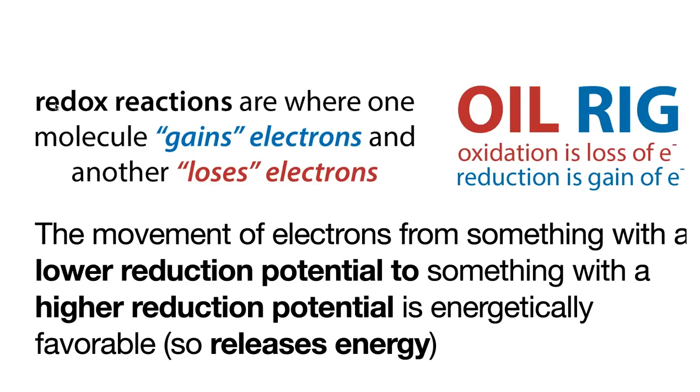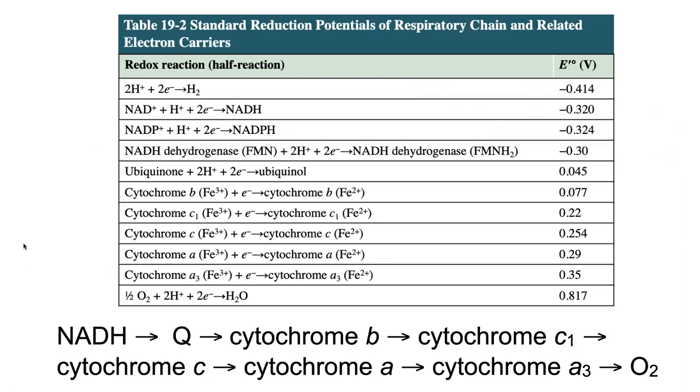Remember that we want to move something with a lower reduction potential to something with a higher reduction potential. And therefore, we're going to need different molecules that can give and take electrons. We want a variety of different molecules with different reduction potentials so that we can do things stepwise, and so that something will always want it more until ultimately we get to oxygen, which wants it so bad.